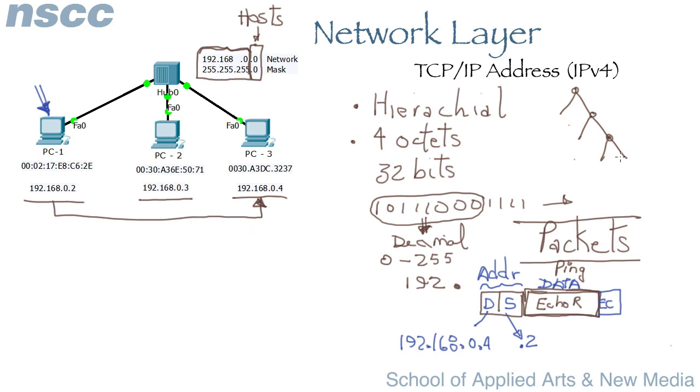So what has to happen is we'll take this packet, which has some addressing, destination, source. This is IP addressing here, and an echo request in here, maybe a little checksum.